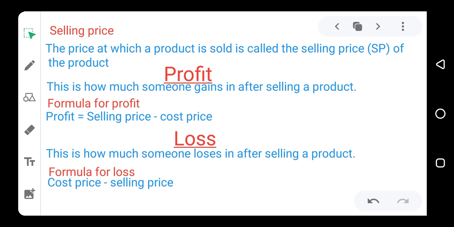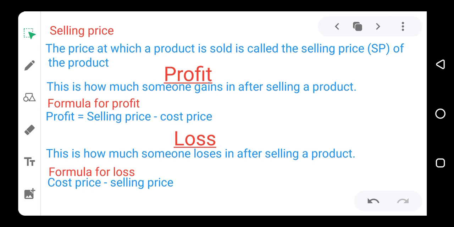Of course, if you buy a biro for 20 naira and your classmate needs a biro urgently and you sell the one you have at 50 naira, for you to calculate your profit, it is going to be the selling price, that is how much you sold the product, minus how much you bought it.